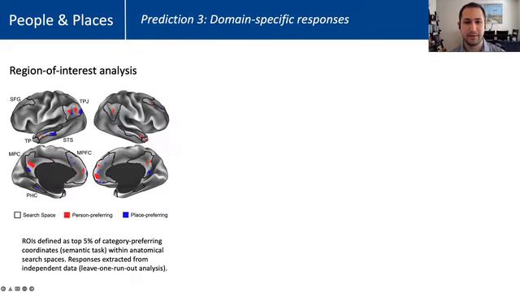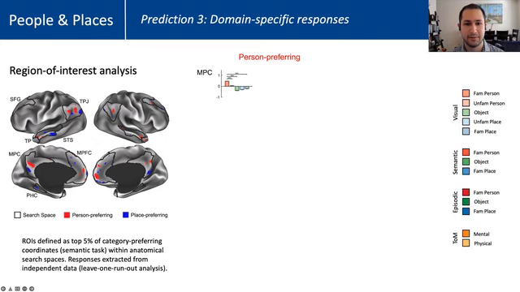Next, we test the hypothesis that these regions respond specifically to their preferred category. We do so using an ROI analysis, in which we define functional regions of interest as the top 5% of person or place preferring coordinates within anatomical search spaces, capturing zones of the default mode network. We then extract responses across all conditions in the study in left-out data. So here I'm showing responses in person preferring regions of the medial parietal cortex. In the visual task, this area responds much more strongly to familiar people than unfamiliar people, as well as both types of places and objects.